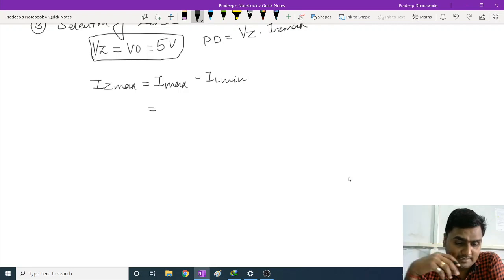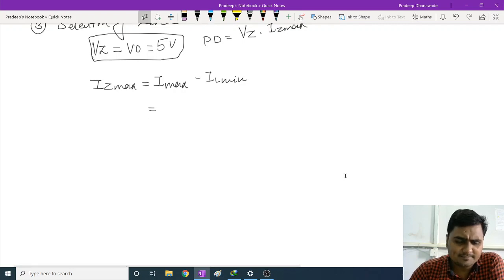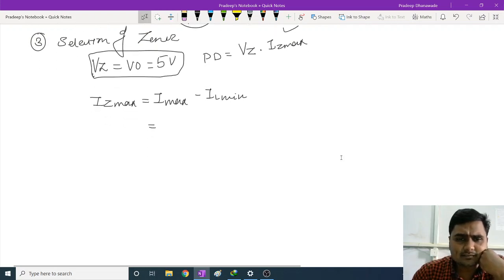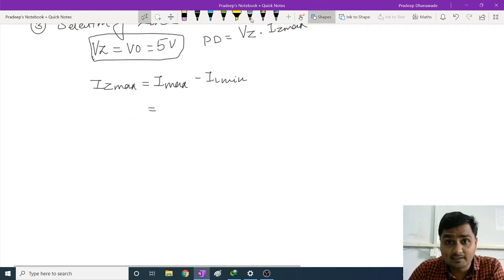So I max is given. Did we ever calculate I max? See, we have not calculated I max here. It means this is another thing that we have to calculate. So let us calculate I max first.